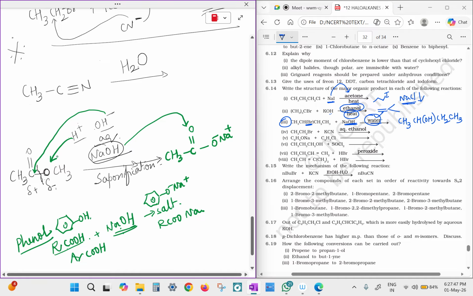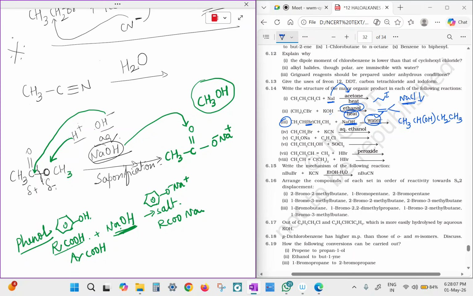Now look at the other product. This is CH3O minus receiving what? Receiving H plus. So the other product is CH3OH. Now the next question. Will this alcohol also react with sodium hydroxide to form the salt? What were the things which were converted to salt?